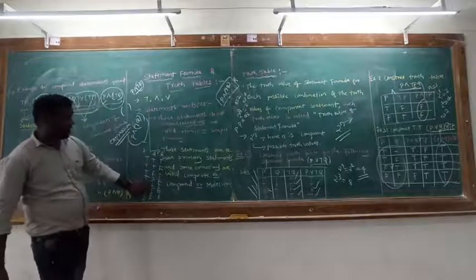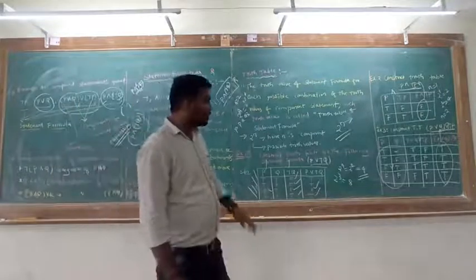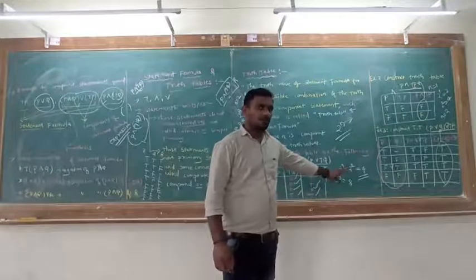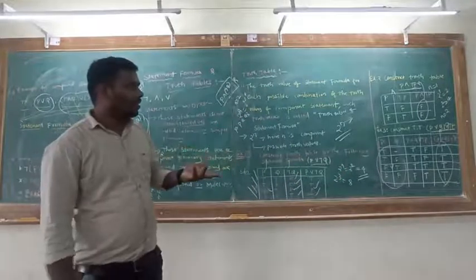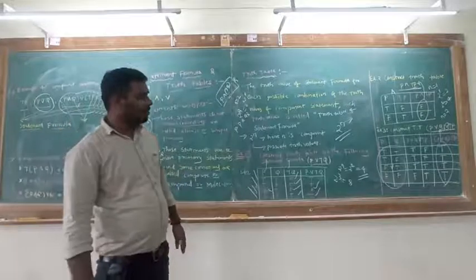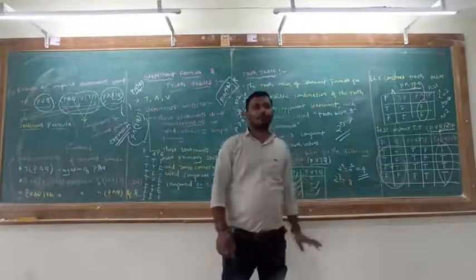So this is the 8 possibilities. In the exam, at most they will give 3 components. We will solve 4 components statement formulas too, but that will not come in the exam.